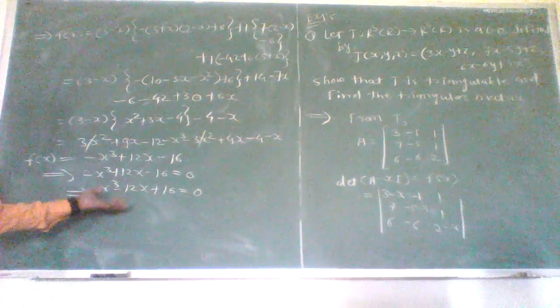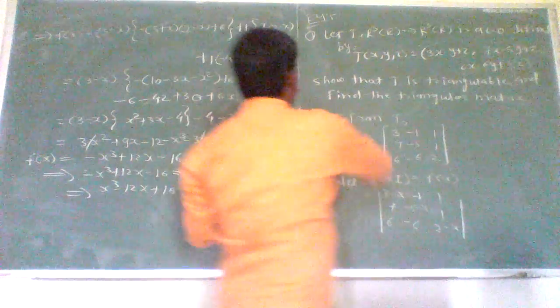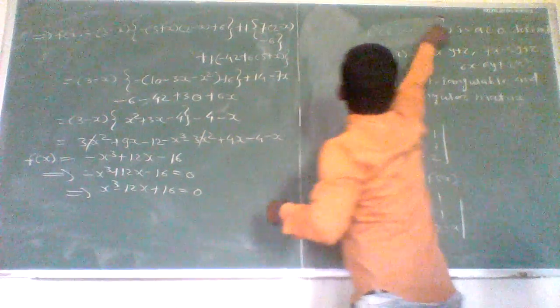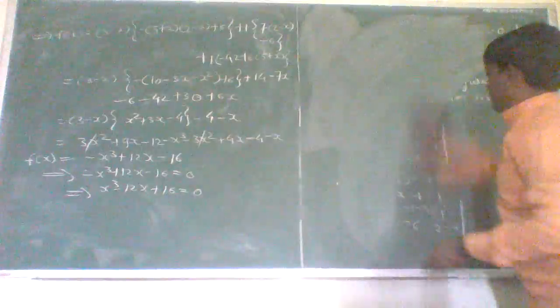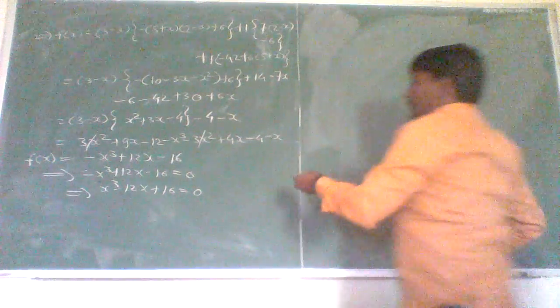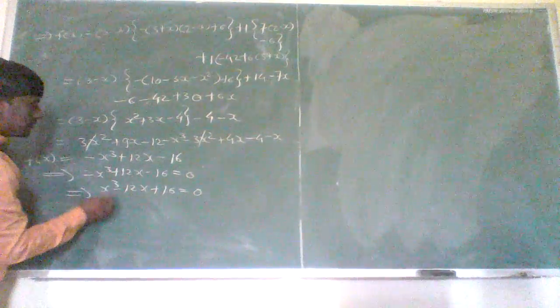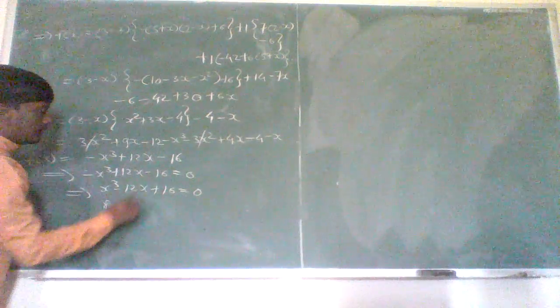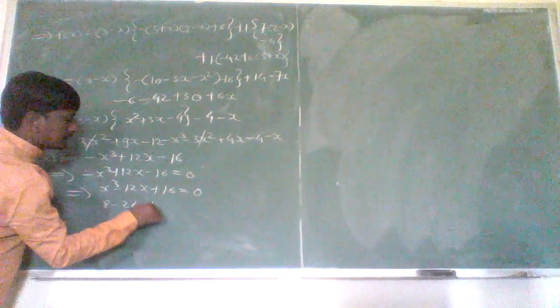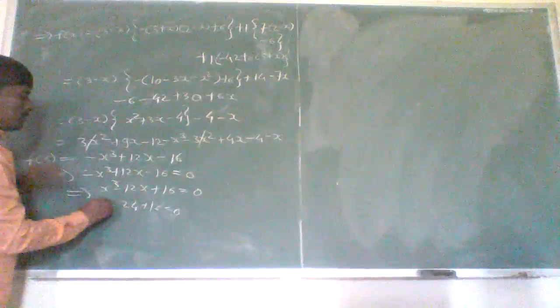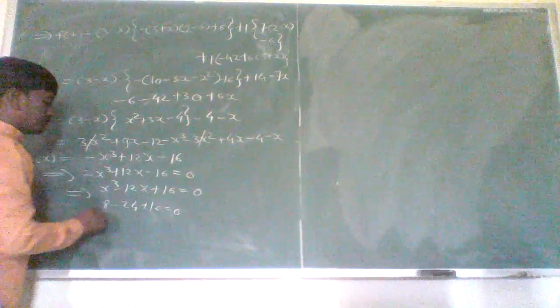Now we have to find the roots of this polynomial. If we put 1, then 1 minus 12 plus 16 is not equal to 0. But if we put 2, 2 cube is 8, minus 12 into 2 is 24, plus 16, 8 plus 16 is 24, 24 minus 24 is equal to 0.